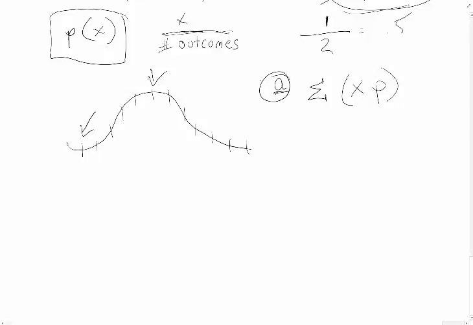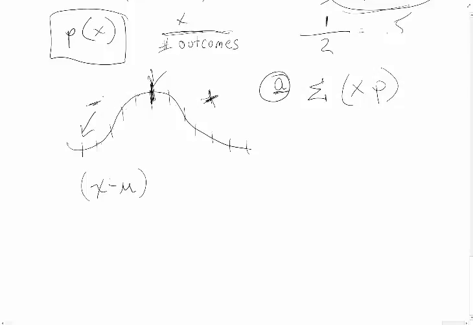So B is the variance of a probability distribution. The variance of a probability distribution would be every X here minus the mean, so every X minus the mean, and you see some of these would result in a plus number, some of these would result in a minus number.